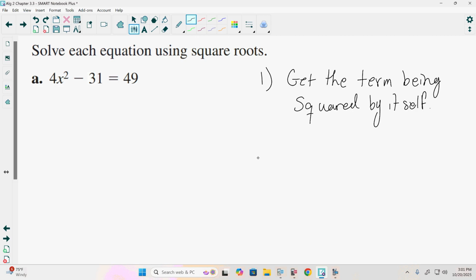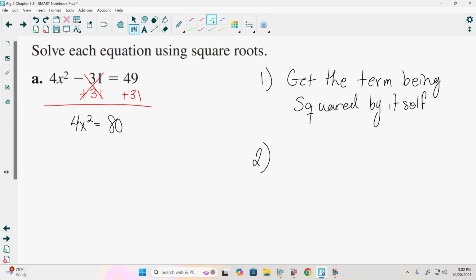First thing we have to do is get the term being squared by itself. So in this case here, the term being squared is x. So we need to get that x squared term by itself. So the first thing we can do to get the x squared term by itself is to what? Add 31 to both sides. And our negative 31 plus 31 is 0, telling us that 4x squared is equal to 80.